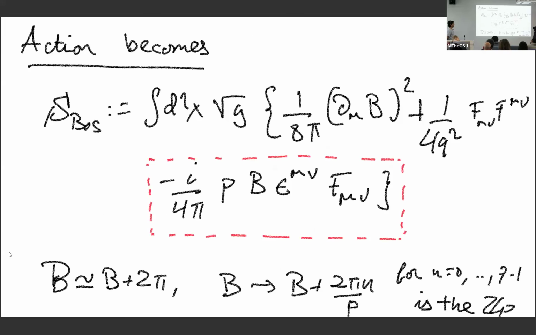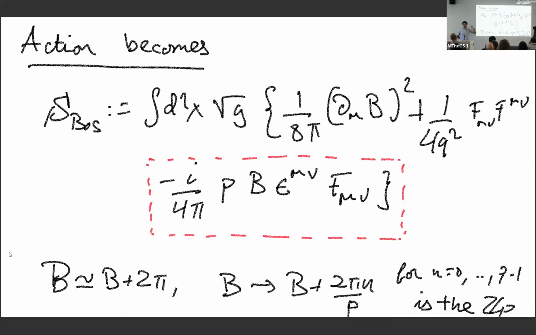So let's write down the Schwinger model action. The Schwinger model action in the bosonized picture has a kinetic term for B, it has the Maxwell term, and it has this BF term. So in flat space, what we would say is the IR phase of this theory is governed by BF. The ZP symmetry is spontaneously broken.